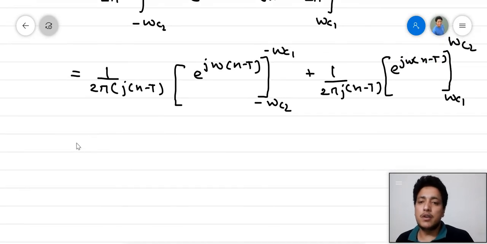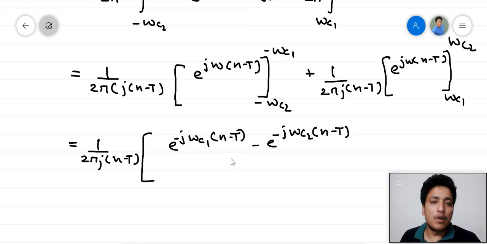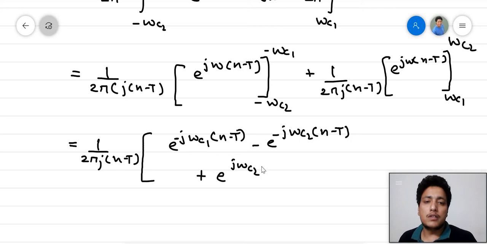Substituting the limits will give 1 by 2 pi j (n minus tau) times [exponential minus j omega c1 (n minus tau) minus exponential minus j omega c2 (n minus tau) plus exponential j omega c2 (n minus tau) minus exponential j omega c1 (n minus tau)].